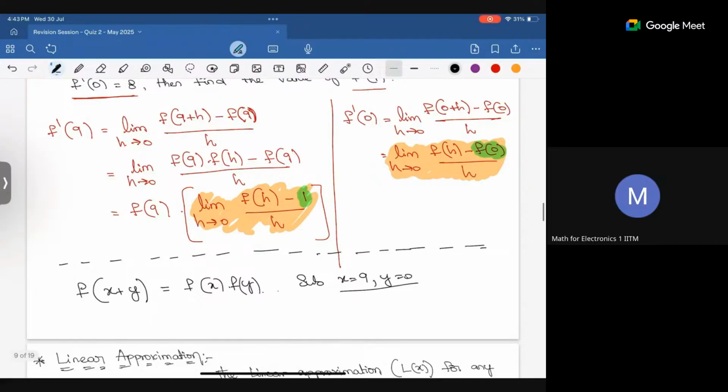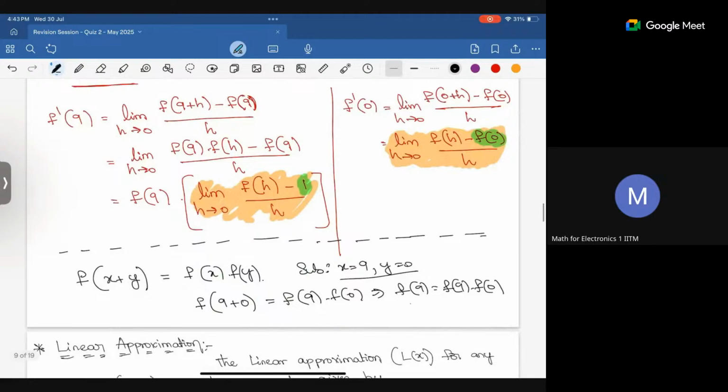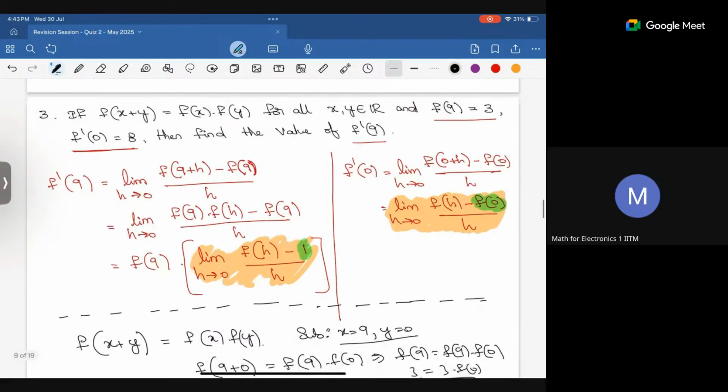If you do that, we get f of 9 plus 0 equals f of 9 into f of 0, and the left hand side is f of 9. So f of 9 equals f of 9 into f of 0. And f of 9 is not 0; f of 9 is 3. So if you substitute, 3 equals 3 into f of 0, we get f of 0 to be 1, which is what we require, which is what we anticipated.